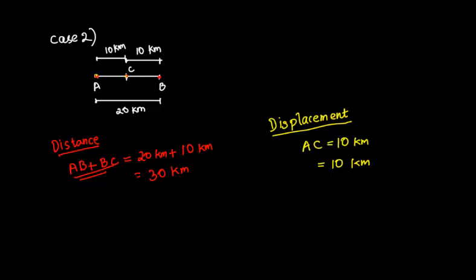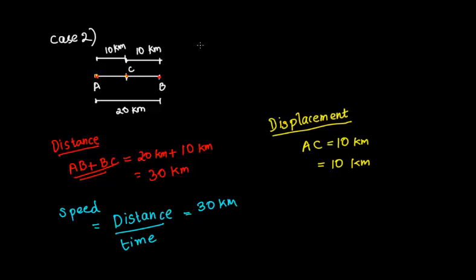Okay, now let us try to find out speed. Speed equals distance by time. So what is the distance? 30 kilometers. Okay, so now since we know the distance to be 30 kilometers, now what is the time?